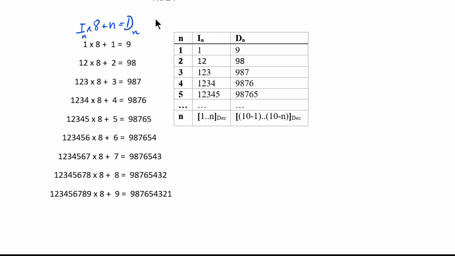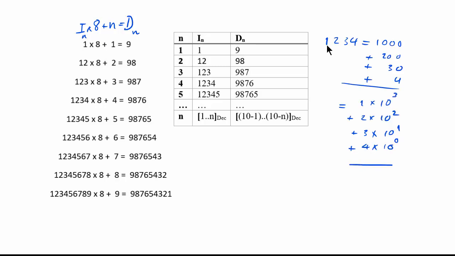And the next step is to write each of these two numbers in terms of n. For example, let's take I4, which is 1, 2, 3, 4, is equal to, which can be written as a sum from k equals 1 to n of k times 10 raised to the power of n minus k, because here we have 3, 2, 1, 0, with n equals 4 in this case.